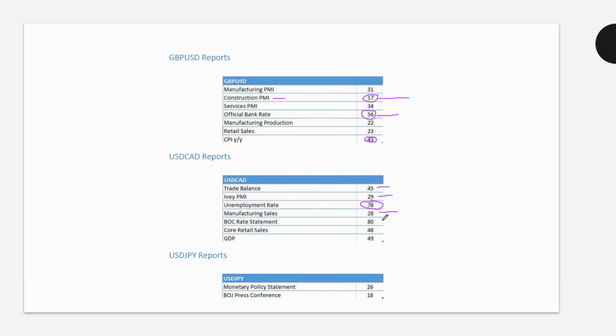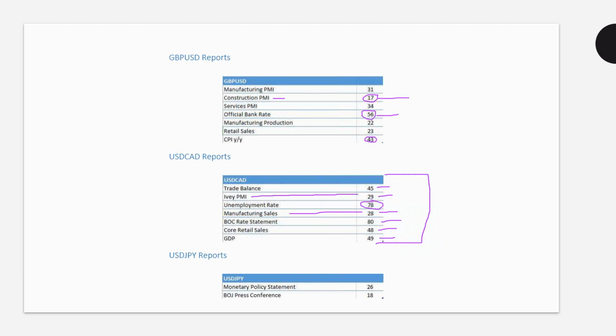The Bank of Canada, 80 pips. Core retail sales, 48 pips. The GDP, 49 pips. Now, all of these, with the exception of the Ivey PMI, I will actively trade. There are big movements. The manufacturing sales I also do not trade, but all of the others I will actually trade.